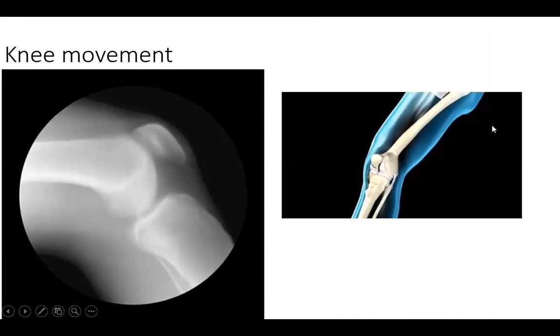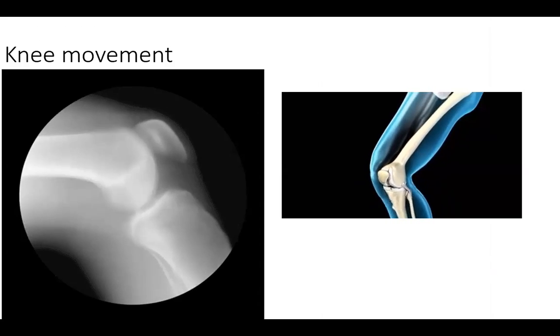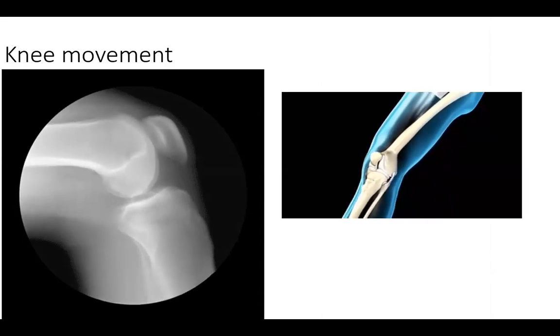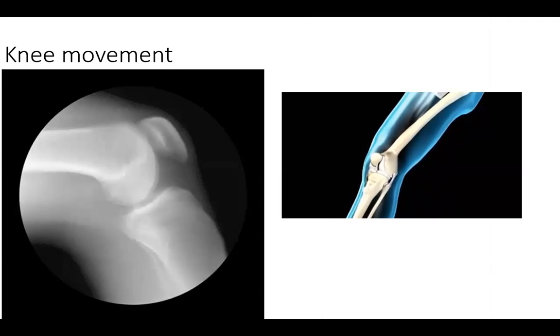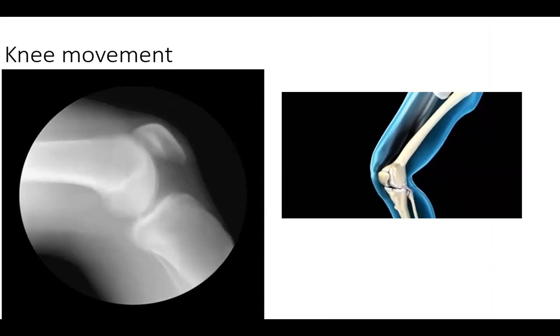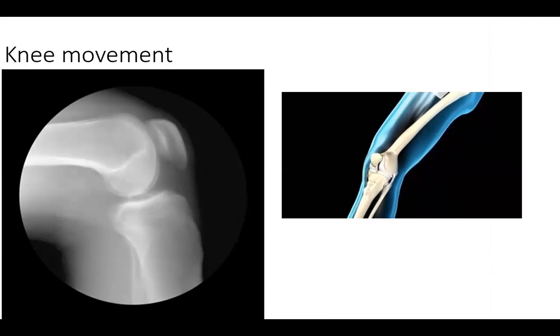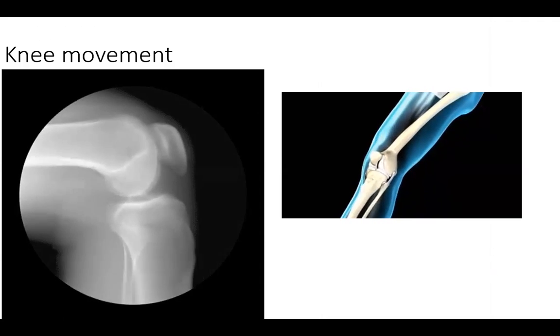There's our knee. There's the movement of our knee. You can see here in the x-ray that the patella slides up over top of the femur as our leg bends, and the patella is held in place by a ligament that connects to the tibia and to the femur, and it helps to stabilize our joint.